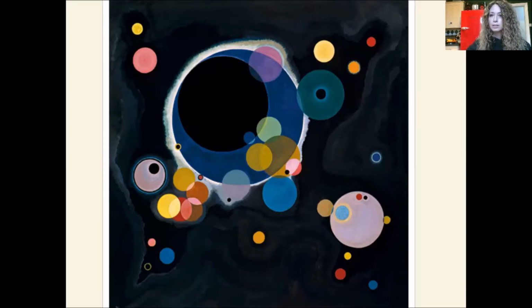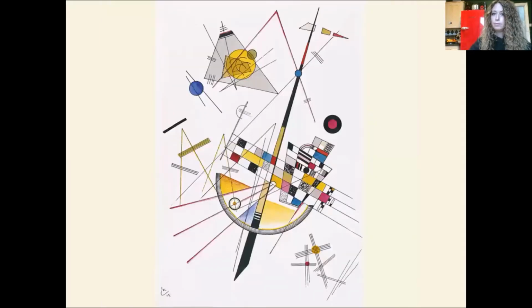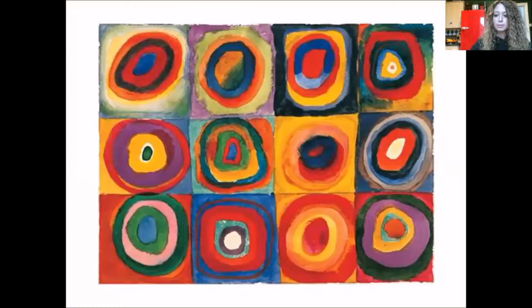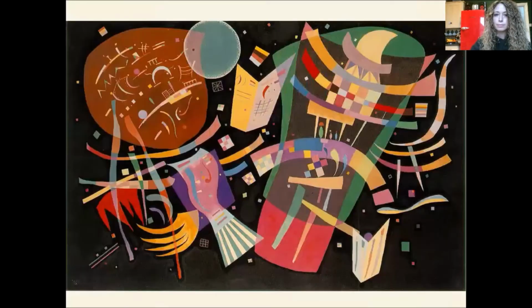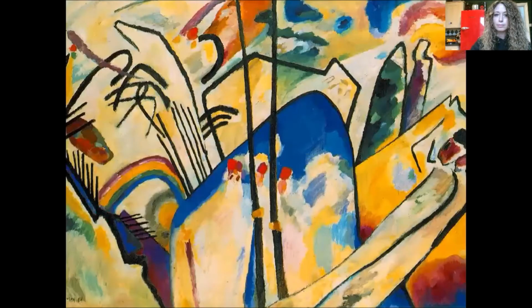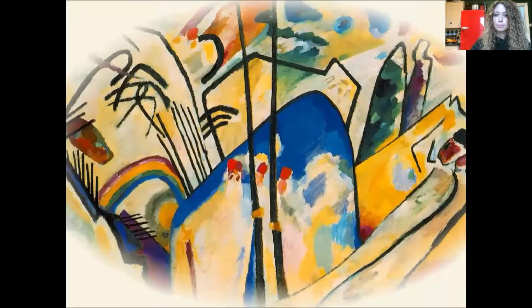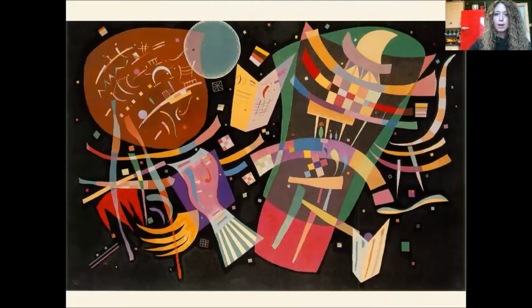Let's have a look at some of the other shapes we might see in Kandinsky's work. I spotted a triangle. I've spotted a rectangle.